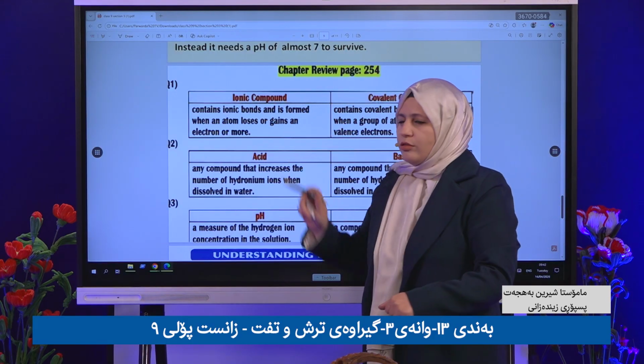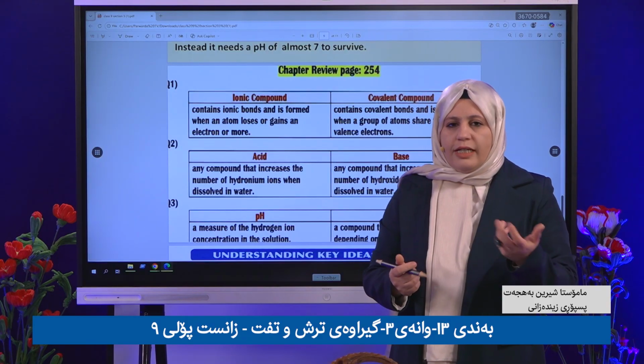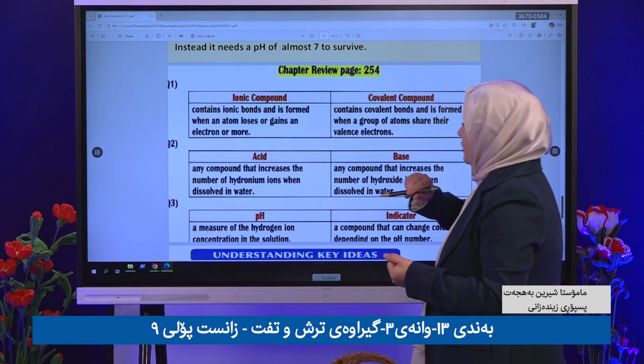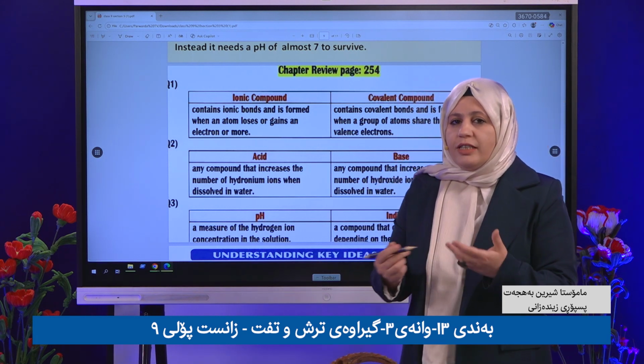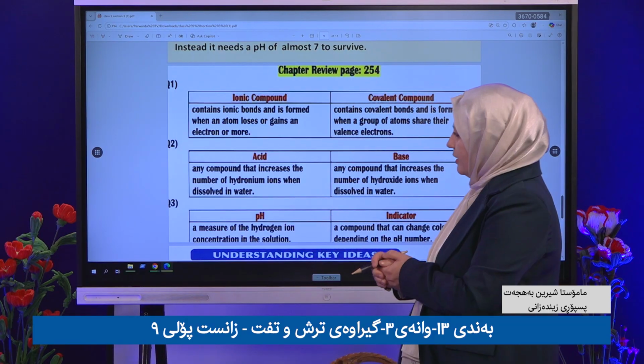During ionic compound formation, the atoms gain or lose electrons. But in a covalent compound, they share valence electrons, which means they stay together. Get it?